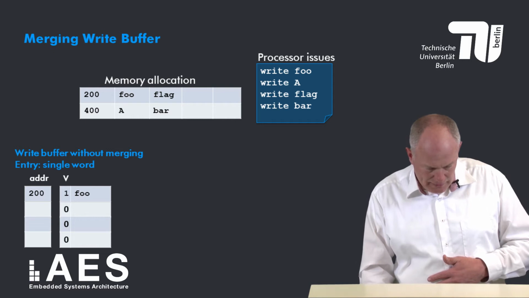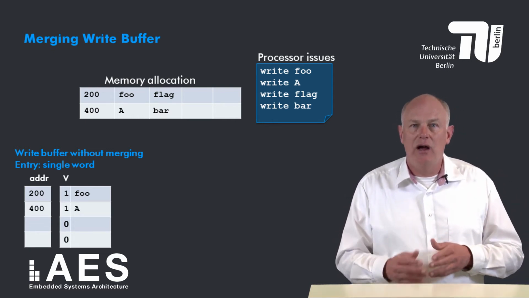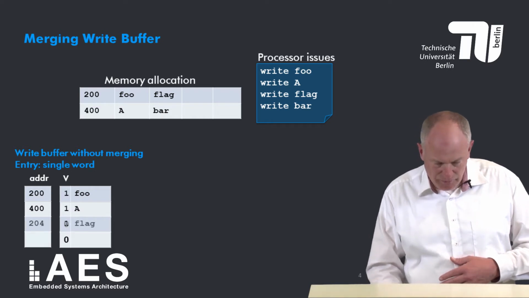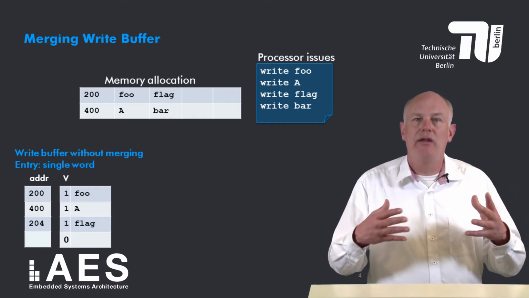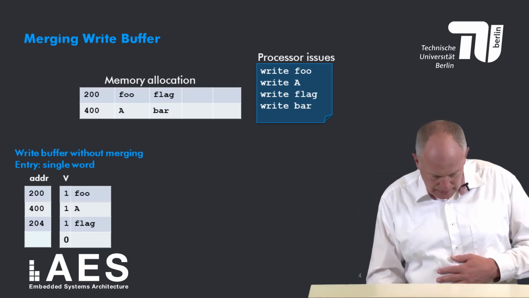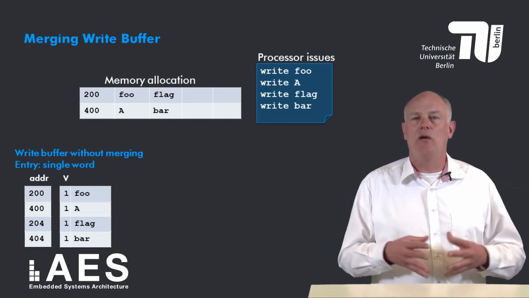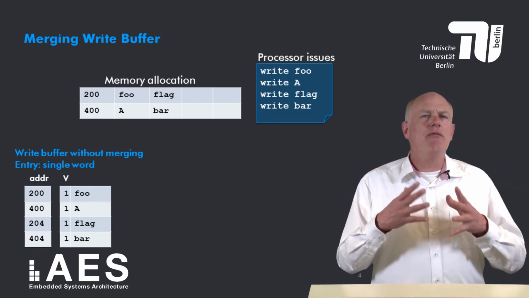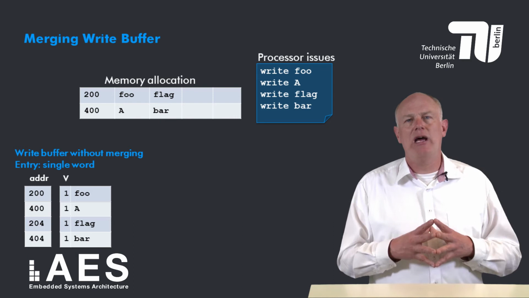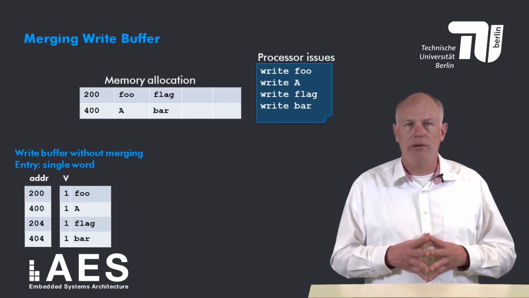Then the core writes A, which will be placed in the second entry. After that, the core writes flag, which will be placed in the third entry of the write buffer. And finally, the core writes bar, which will be placed at the tail of the write buffer. So if the core has a non-merging write buffer, the writes will occur exactly in thread order.